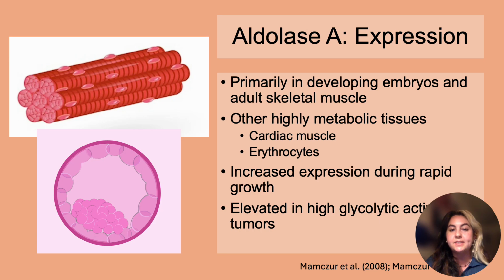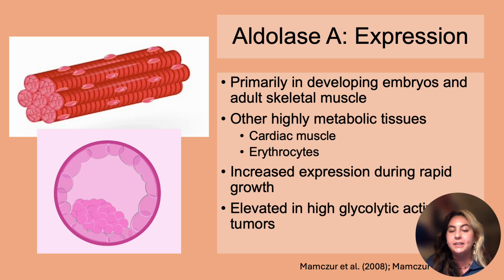So for aldolase A's expression, we're going to see that it is definitely the most widely expressed isoform out of the three. It's primarily seen in developing embryos and adult skeletal muscle. In skeletal muscle, it can be up to 5% of the total cellular protein to support the striated muscle contractions and ATP production. And it's the primary fetal isoform across most of the developing tissues.